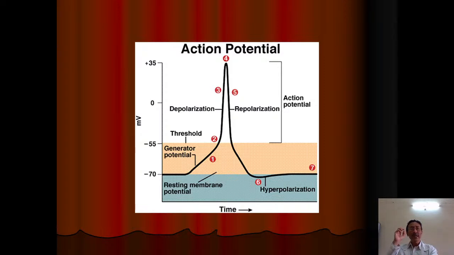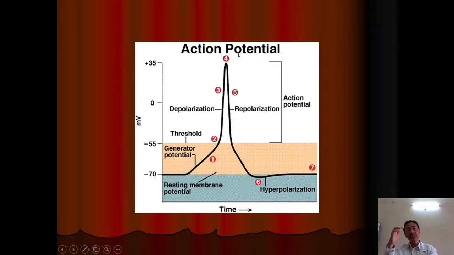Though a concentration gradient still exists for sodium to move from outside to inside, the sodium channels close. Because the sodium channels are closed, the potential does not become more positive and stops at plus 35 millivolts. At plus 35 millivolts, another change is happening.